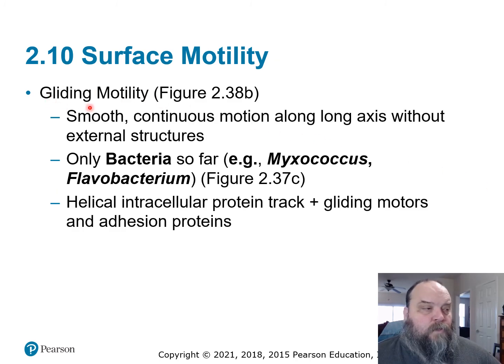You also end up with what is referred to as gliding motility. This is a smooth, continuous movement that does not use external structures. Very few bacteria do this kind of movement. They have proteins in them that allow them to contort the body shape a bit.